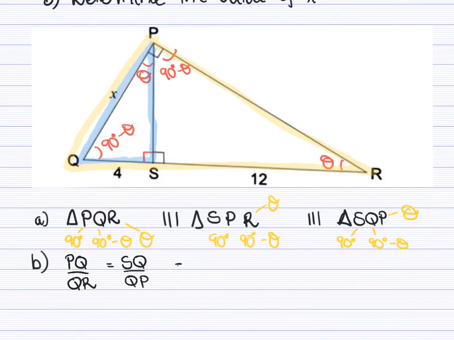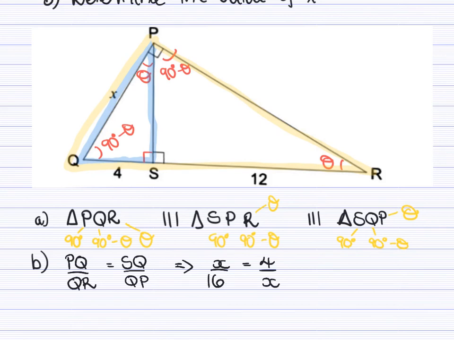We know what PQ is, right? QP or PQ is equal to x. QR is equal to 16. And SQ is equal to 4. And QP, again, is equal to x.